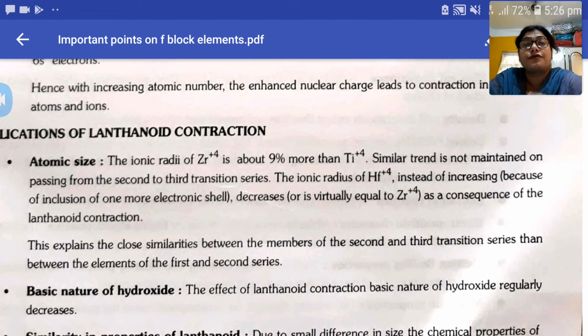As we know that there are 4 transition series, 3d, 4d, 5d and 6d. So in 5d and 6d, there we will find the lanthanoids and the actinoids, in between.